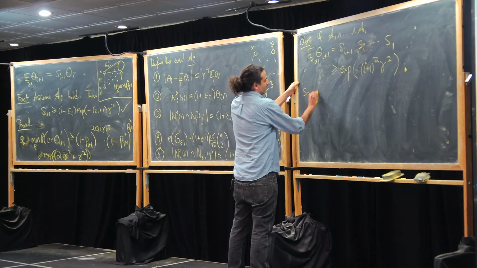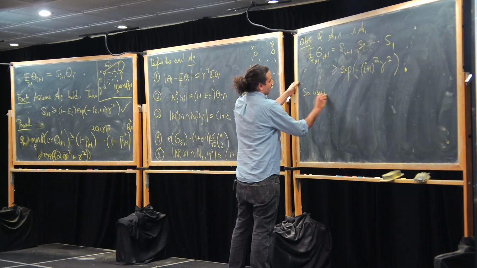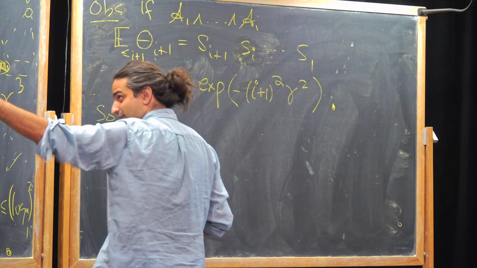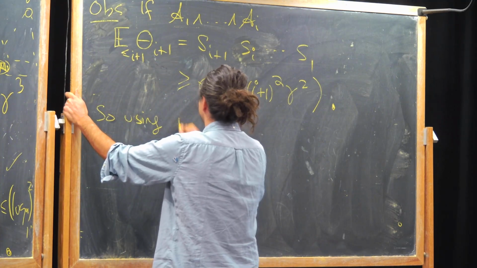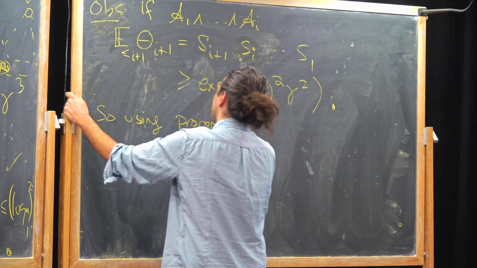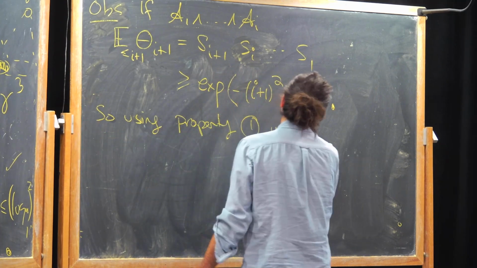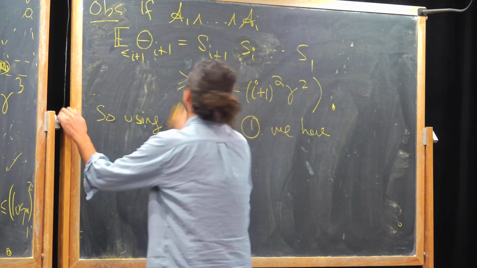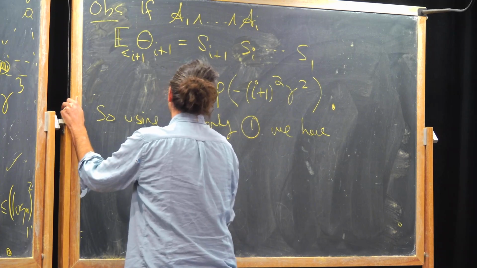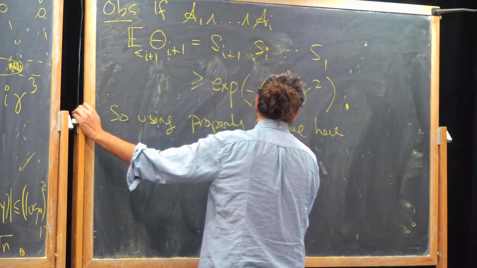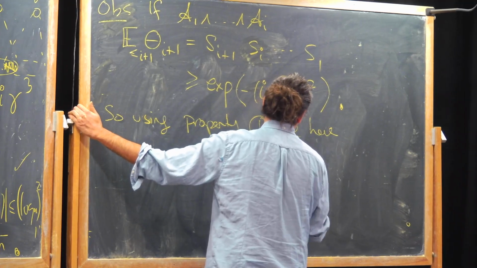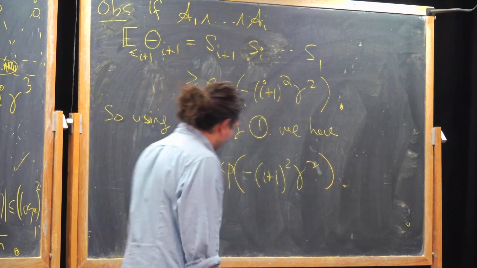I don't want to bore you with just checking the errors here, but using property 1, we actually have on this event that theta I plus 1 is at least basically this business that we want here.